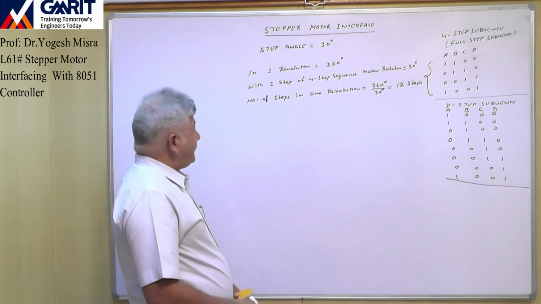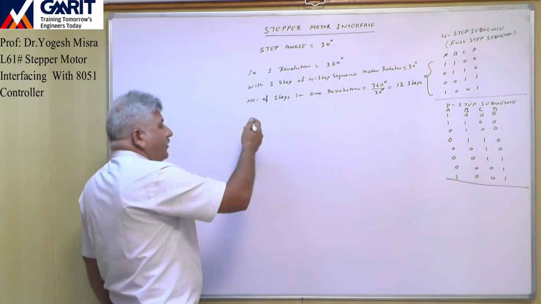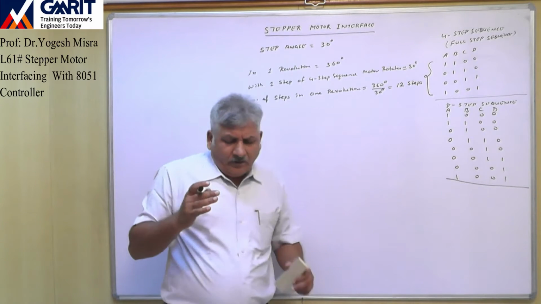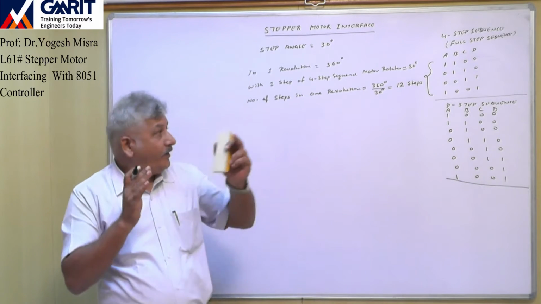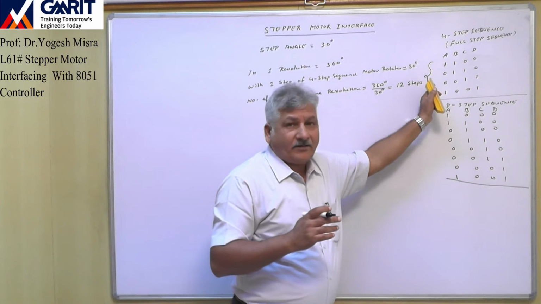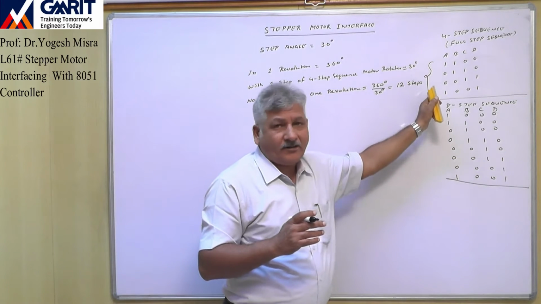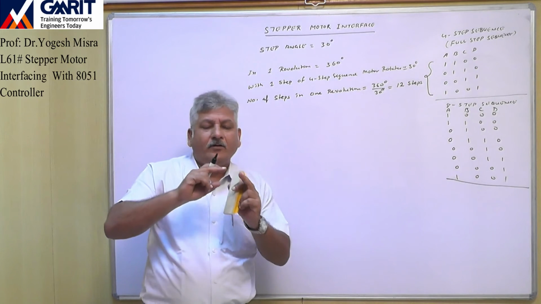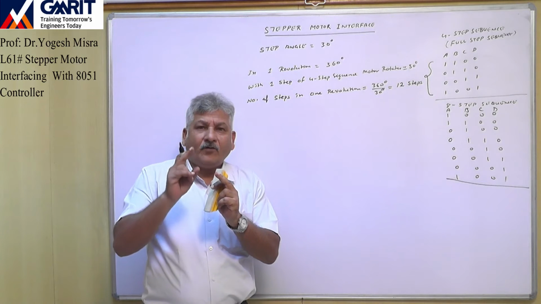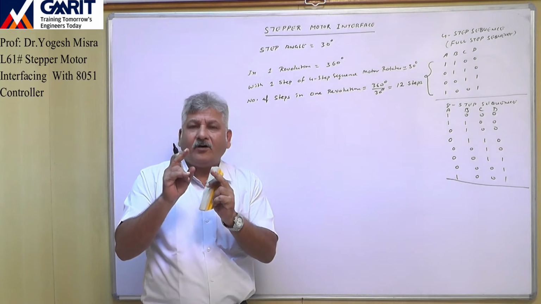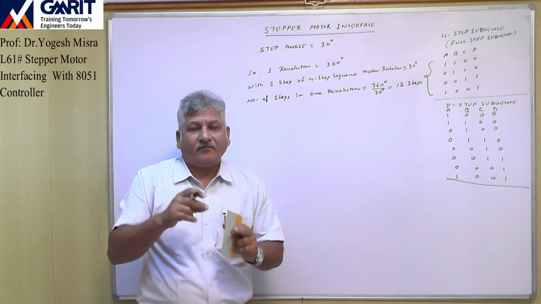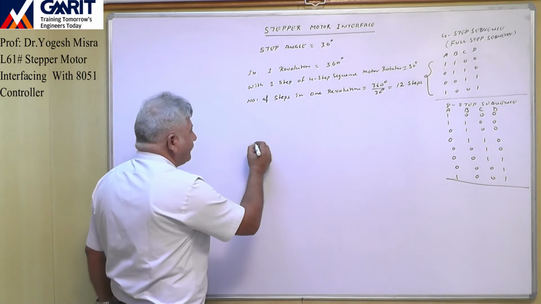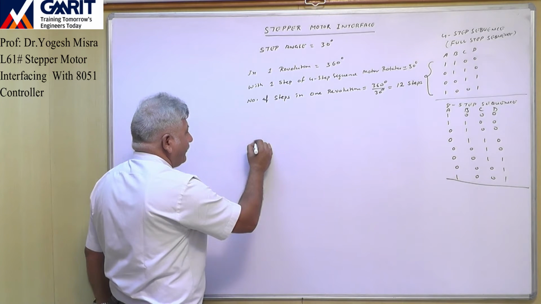Now, in one 4-step sequence, the motor rotates one tooth pitch of the teeth on the rotor. So we know that suppose this is the rotor.